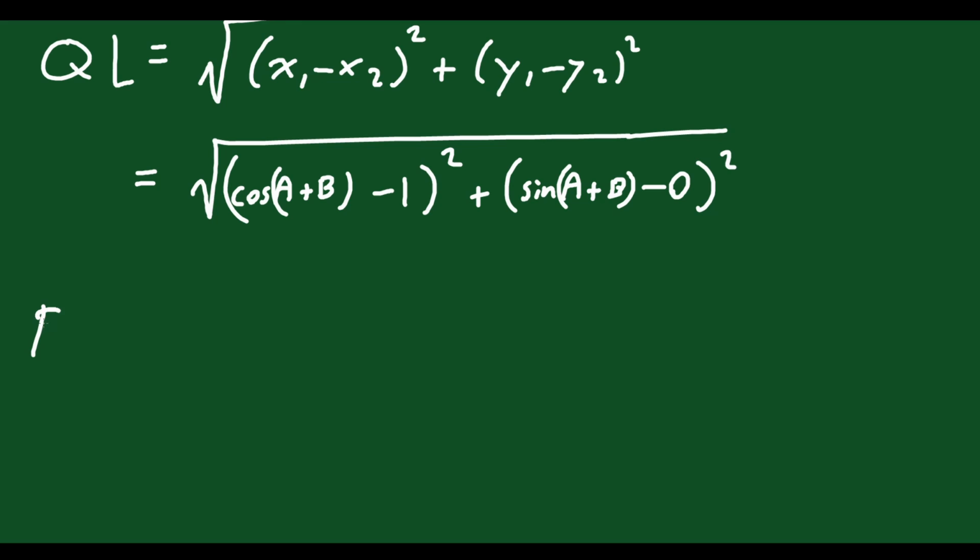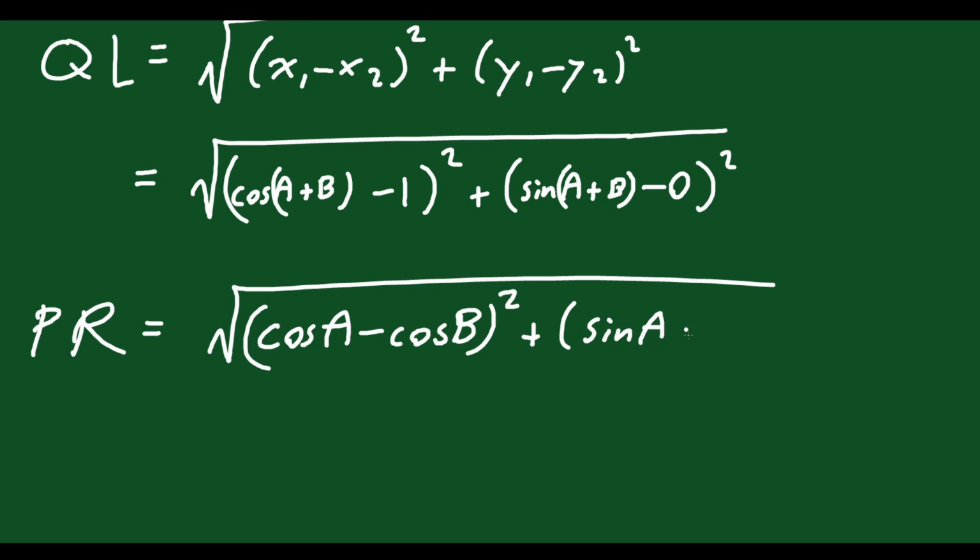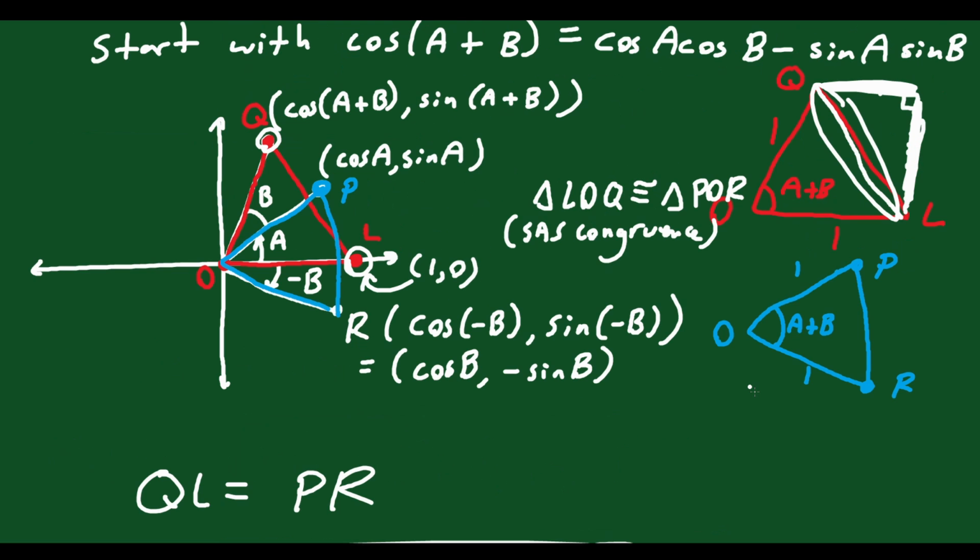Now I can also find PR, because they said PR and QL are equal. If you do the same process, you're going to get the square root of cos A minus cos B squared plus sine A plus sine B squared. How did I do that? Well, remember, PR is this here. Same idea: if you have a triangle here that goes out and then down, it's going to be a 90-degree triangle.